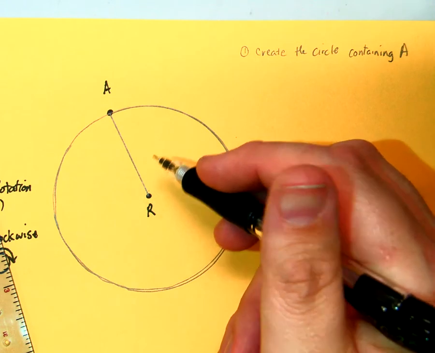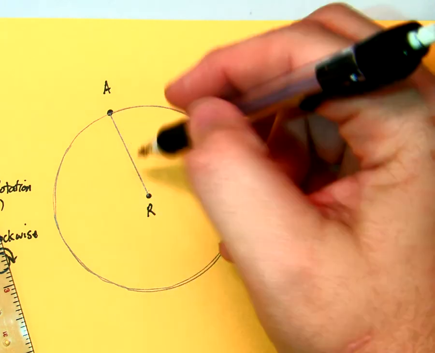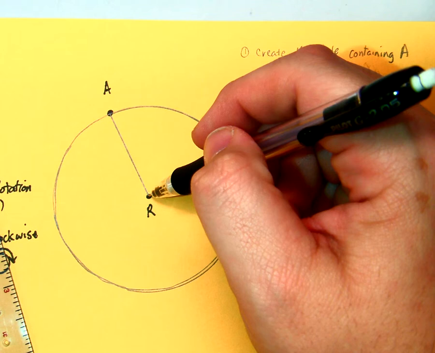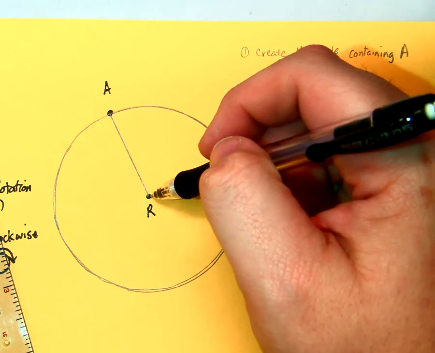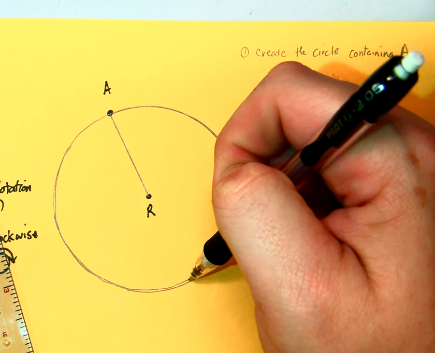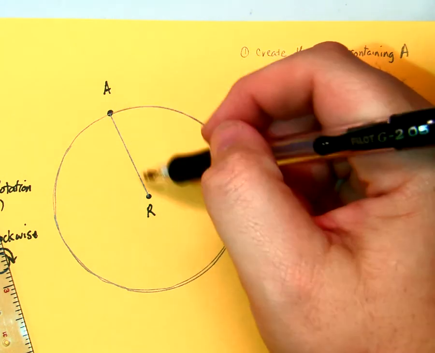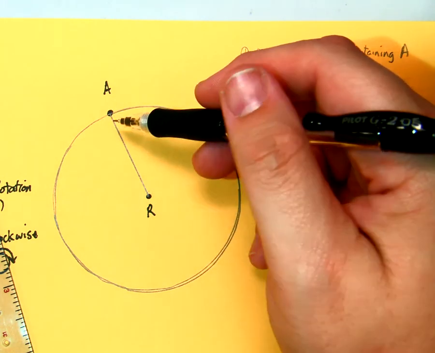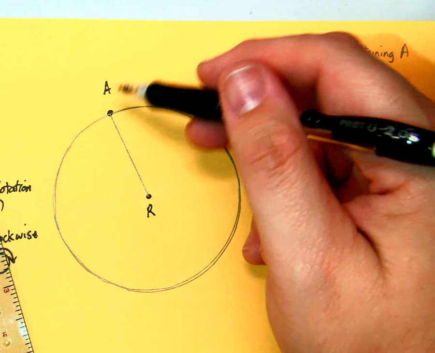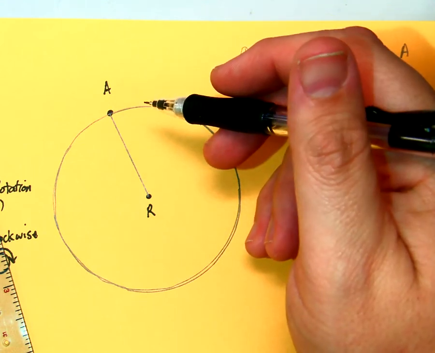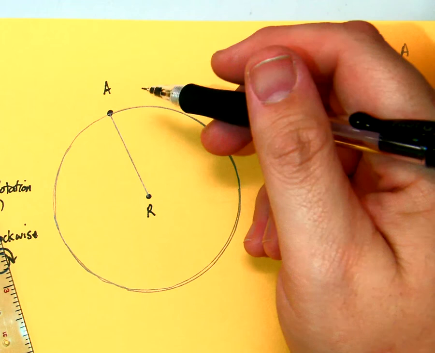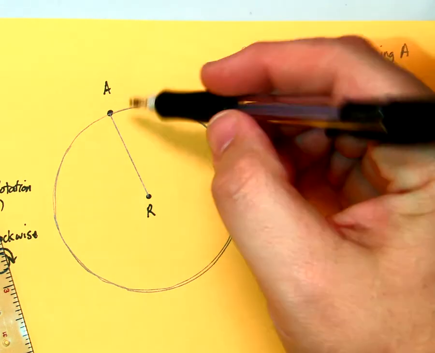And what that does is, from the center point to any point on a circle, if we drew another line from R to the circle, it would be the exact same distance as from R to A. And that's what we want to do. We want to maintain the entire shape. This is another one of those isometric transformations which keeps everything the same. So we want to keep the same distance from R.